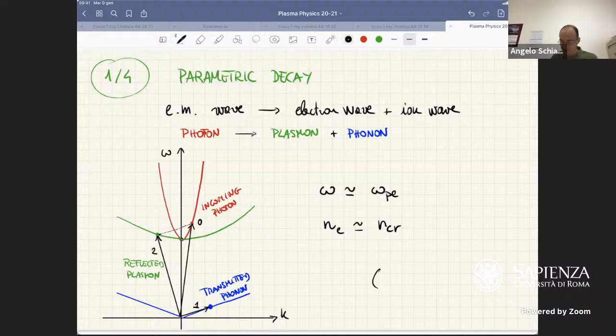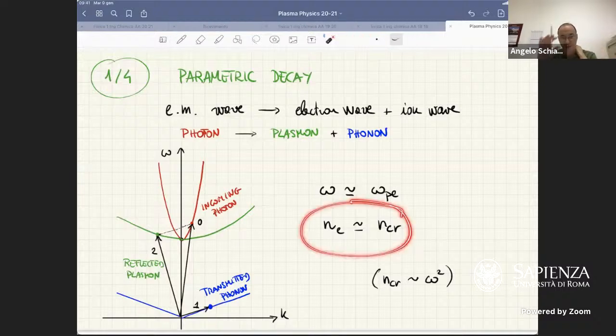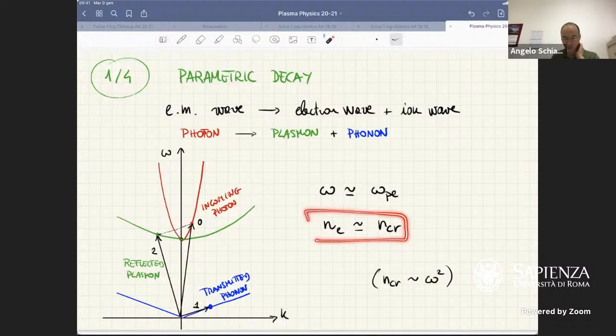Remember that the critical density goes as omega squared of the incoming radiation. So these processes are occurring only around the critical density. So there are certain regions in the plasma where these parametric processes can occur in this way.